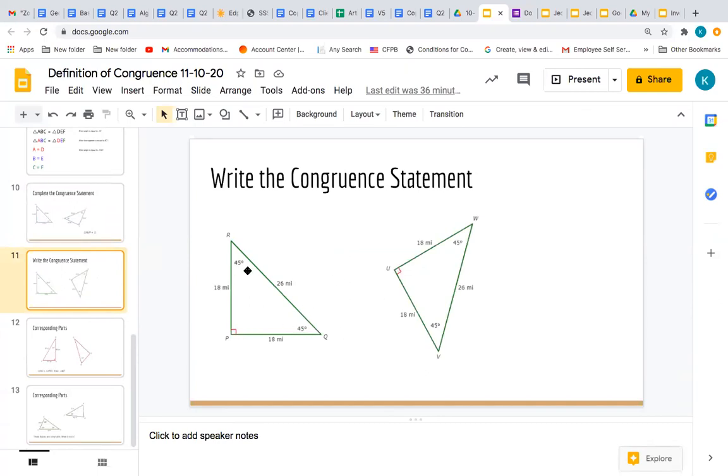You have 45, 45, 18, 18, in here 18, 18. Those two sides are matching up with this, and those two sides making the right angle. So we can take and put on the top of it, it's going to fit exactly the same thing.